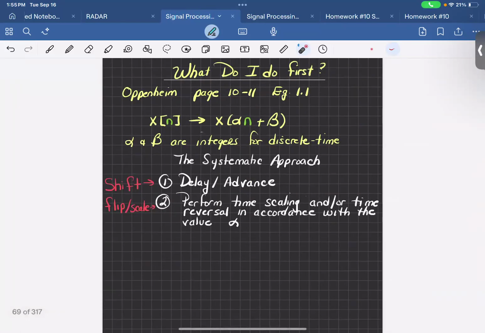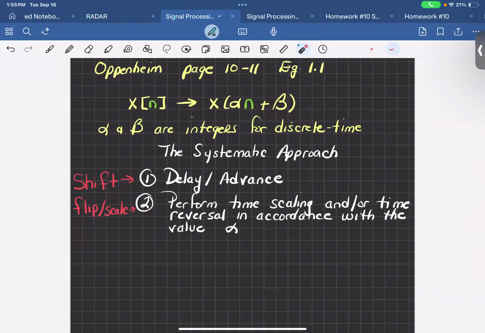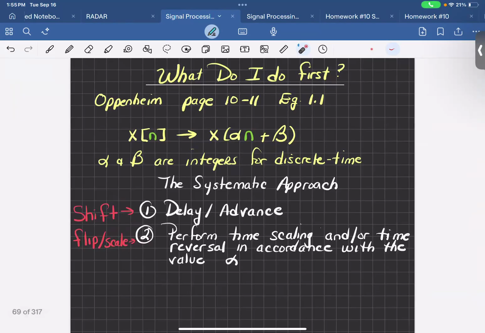Do you shift first or time reverse first? Actually, the order of operations is similar to what we do on the FPGA radar example. We shift first, then we do a time reversal or flip. According to Oppenheim, example 1.1, on pages 10 to 11, the systematic approach is simple.